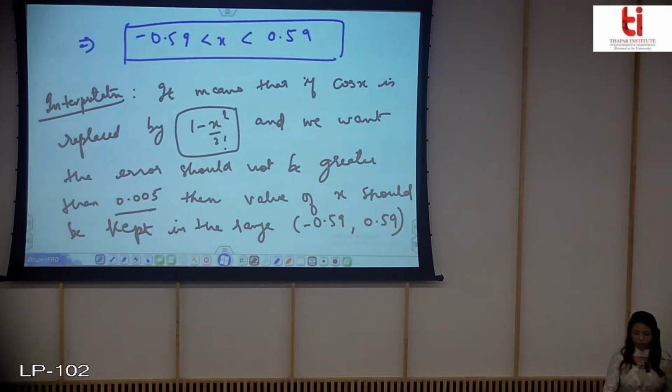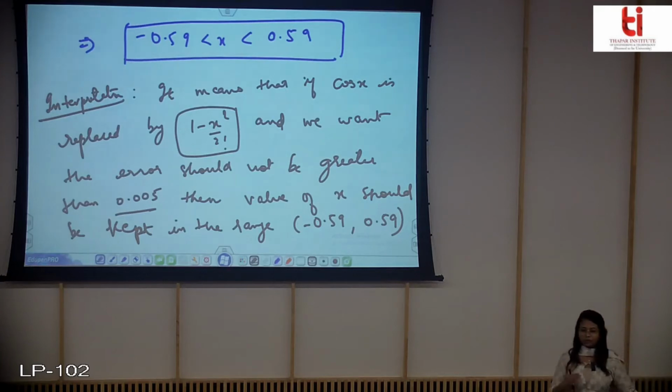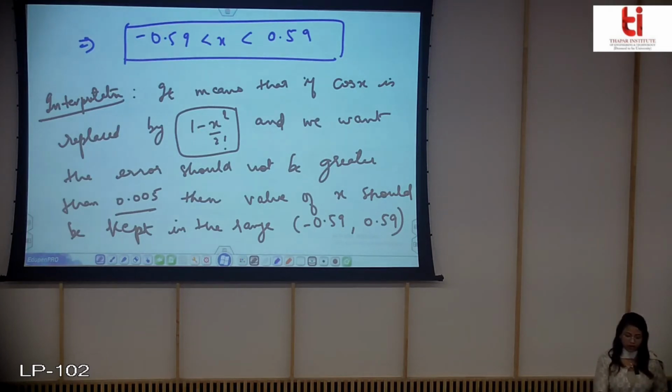Okay, so now we will move on to method 2, that is using the remainder estimation theorem. Since it was an alternating series, we can apply the alternating series bound also to find out the value of x.